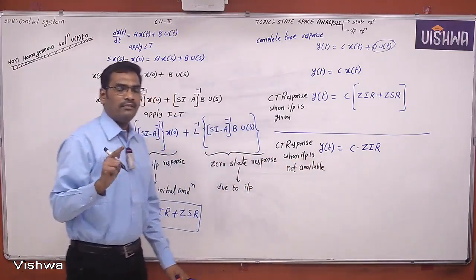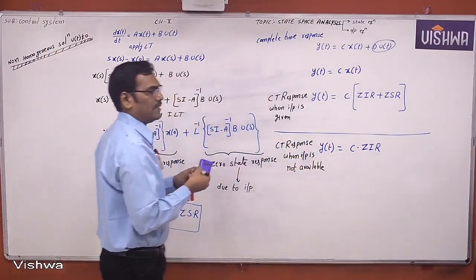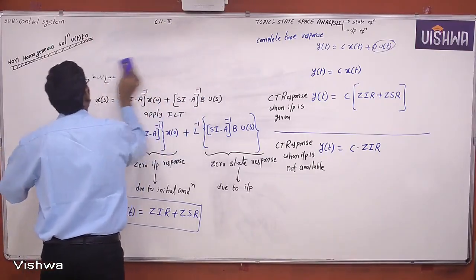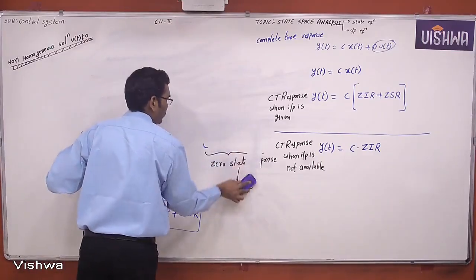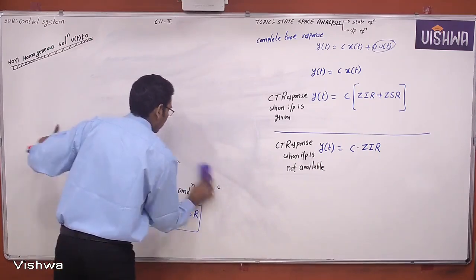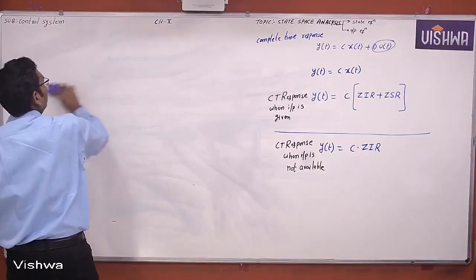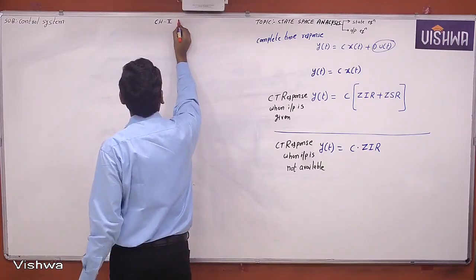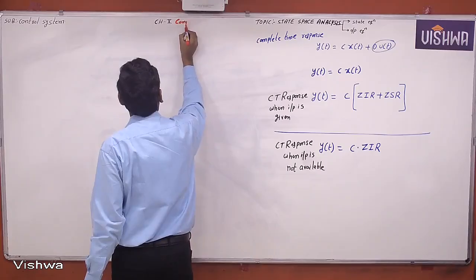So see the question, whether the input is present or not, you decide, then you can decide whether to calculate this or this. Now this is one important question: the solution of the state equation, which is nothing but the complete time response.